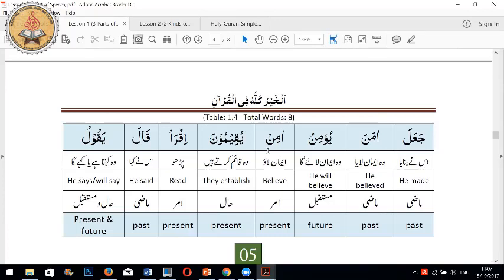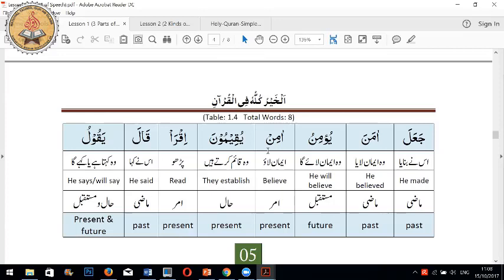Again, you can say that the alif is with fatha, this time an erected, vertical fatha, and meem with fatha, noon, the last letter also with fatha. He believed, and just by recognizing the translation, we know that this relates to the past.